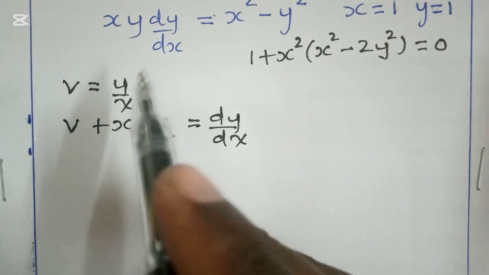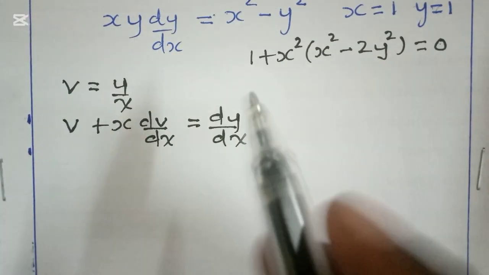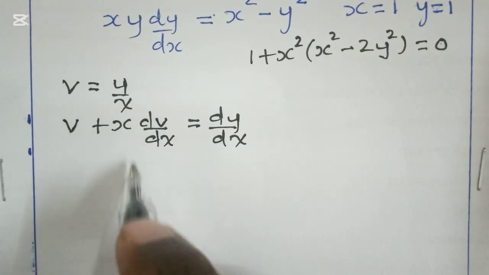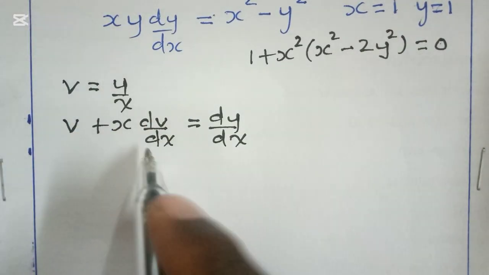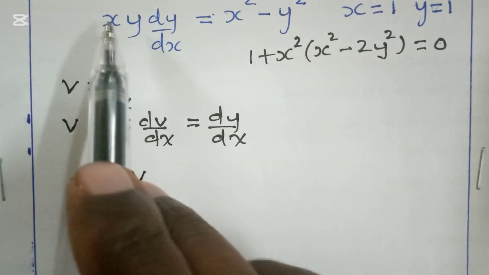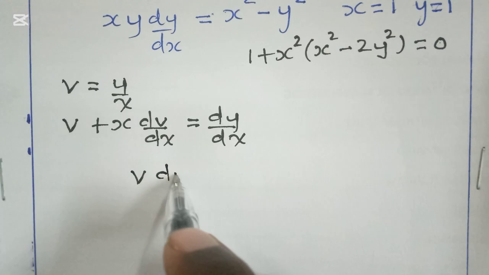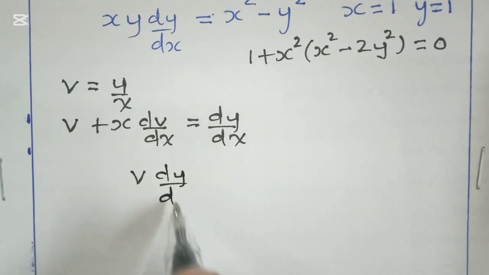I'm going now to divide this side and this side by x squared. By so doing, if I divide by x squared that side, then you have v dy dx.